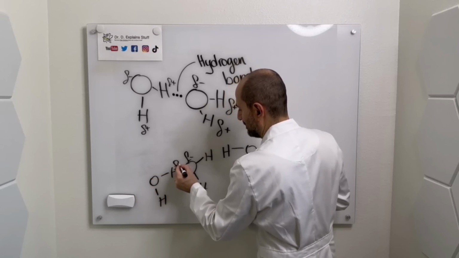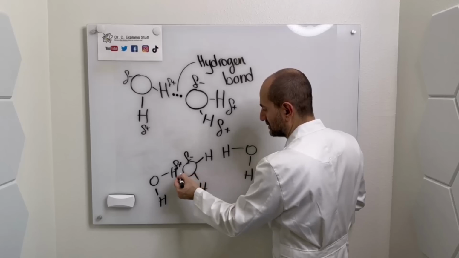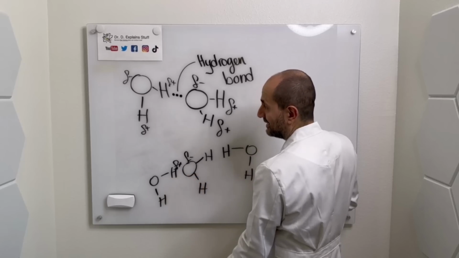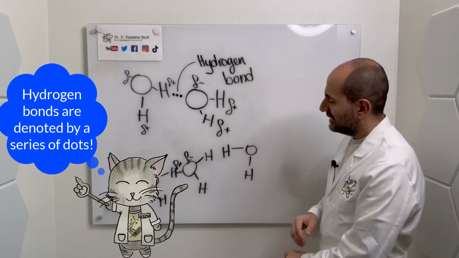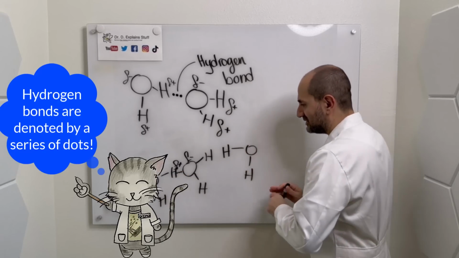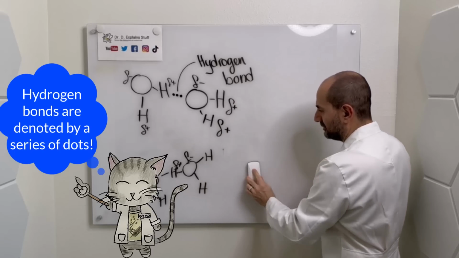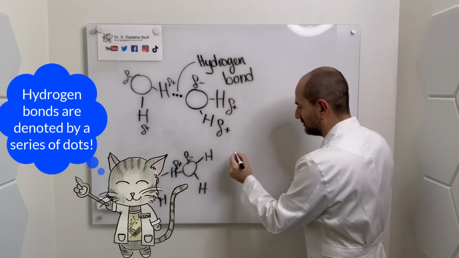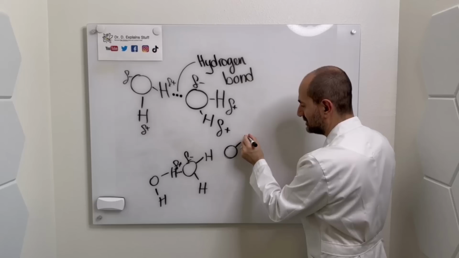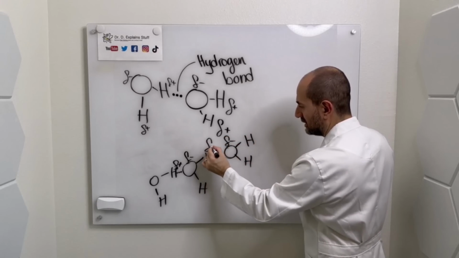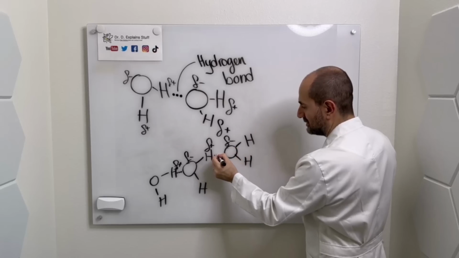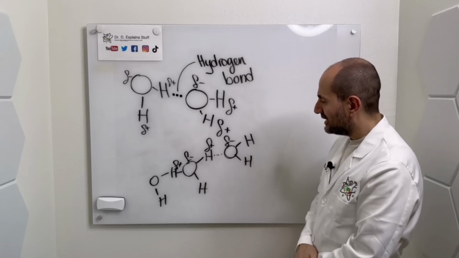Because its hydrogen's partially positive, the oxygen's partially negative, and how do we denote a hydrogen bond? That's right, little dots, right? So hydrogen bonds, and this water molecule would flip around too, right? This water molecule would flip around where the oxygen's over here, and that partially negatively charged oxygen would stick to the partially positively charged hydrogen.